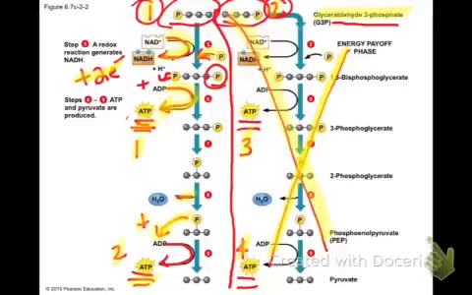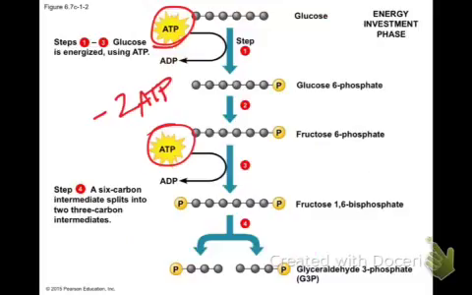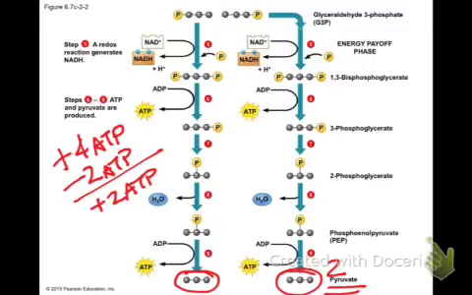But I want to back up for just a second. Here we used 2. So we actually had a -2 ATP up here in the first 4 steps. That was the consuming energy. So now we generate 4 ATP, but we used 2 in the beginning.